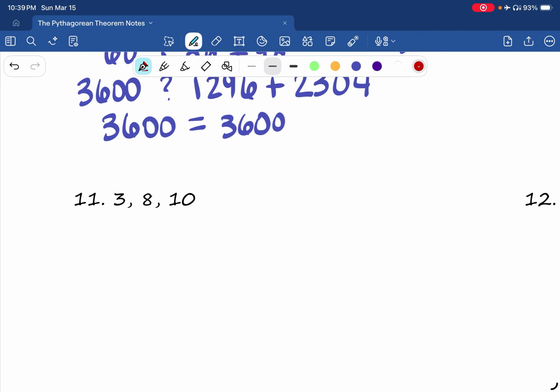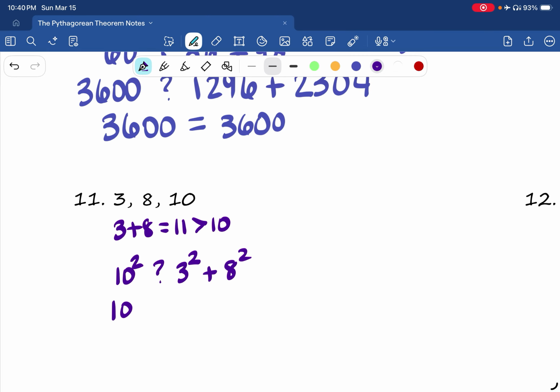All right, so let's check to make sure it's a triangle first. 3 plus 8 is 11, and 11 is bigger than 10, so it does make a triangle. So now let's decide what type of triangle we have. So remember, c is the biggest side, so we take the biggest side and square that. We're going to compare it to the other two sides, so that would be 3 squared plus 8 squared, and let's see what we get. 10 squared is 100.